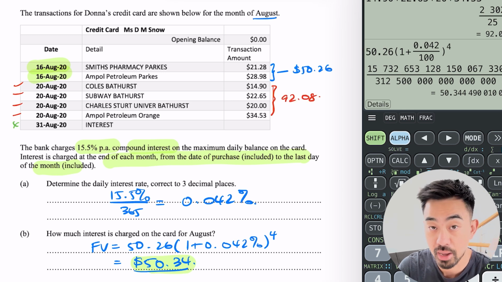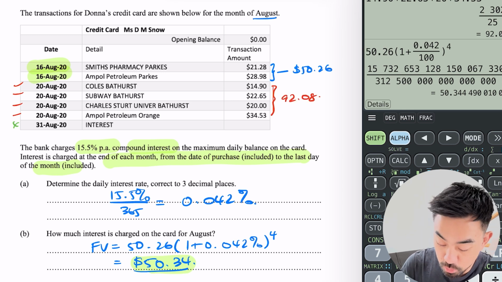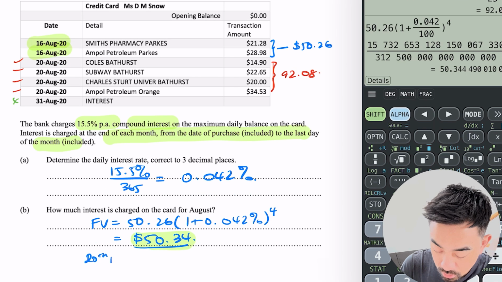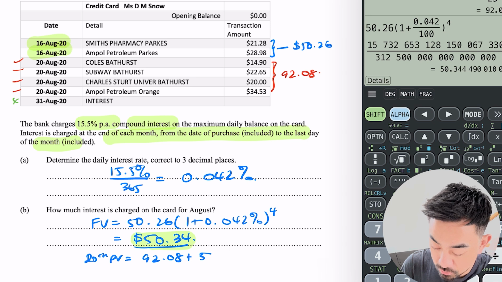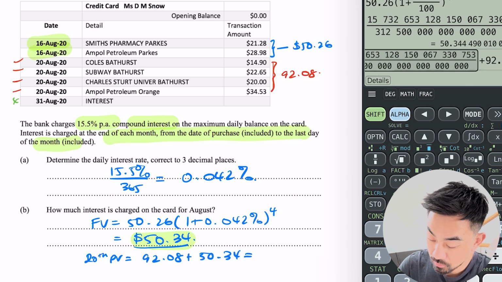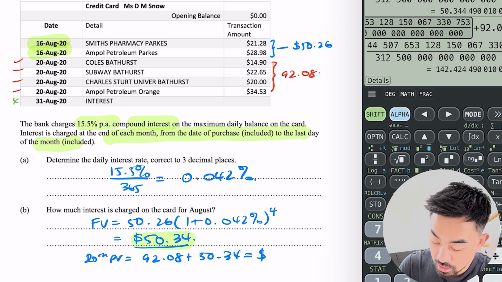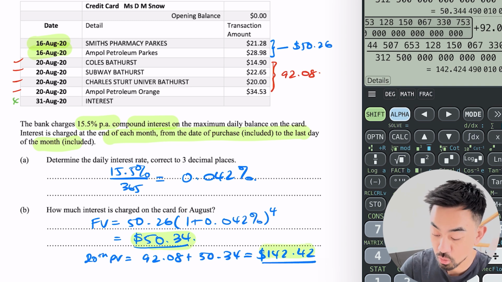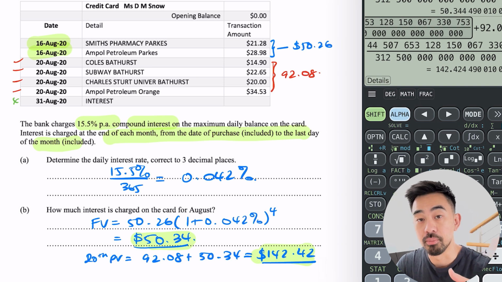The next purchase is made on the 20th. So the new present value from the 20th is going to be $92.08 plus 50.34. And that's going to give me 142.42. And that is my new present value to work out for the remainder of the month up until I actually pay the card back.